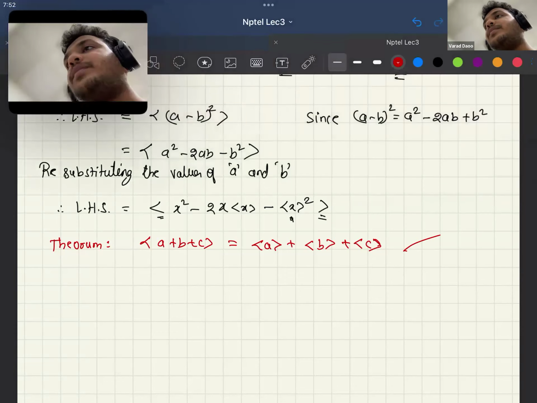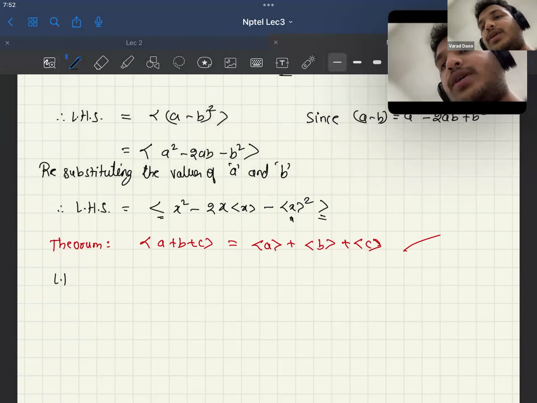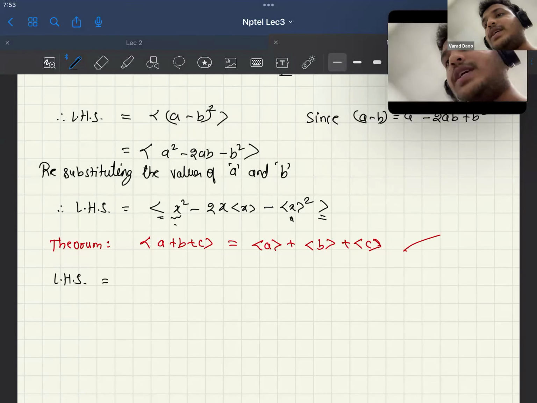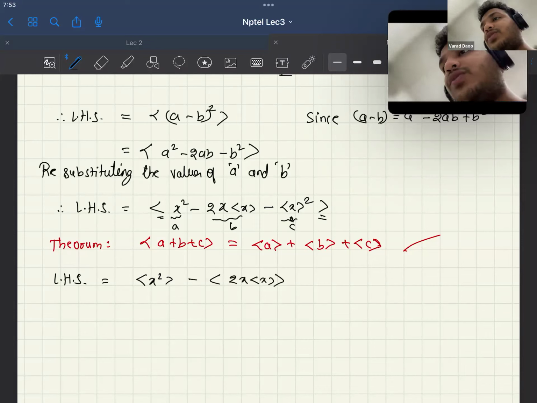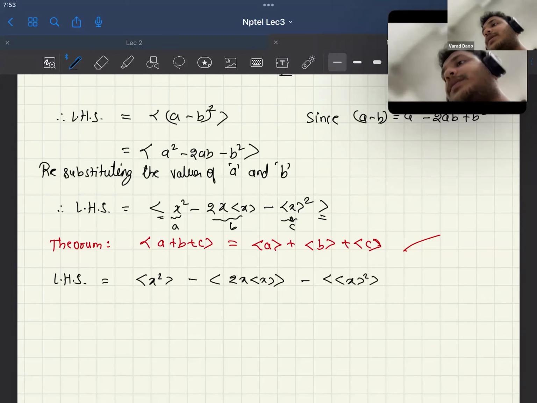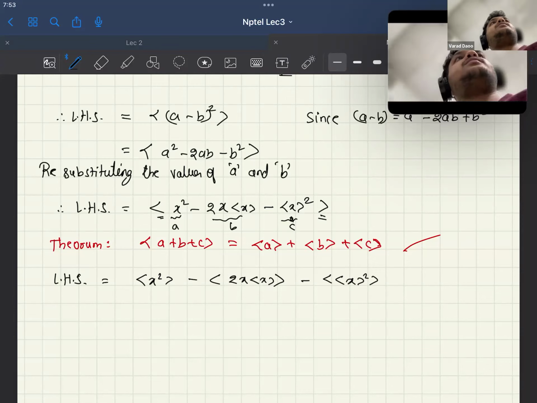Now, if this were to be true, then our LHS is going to become, let's say this is A, this whole term is B, and this whole term is C. Then this becomes average of x square minus average of 2x into average of x minus average of x square, right?